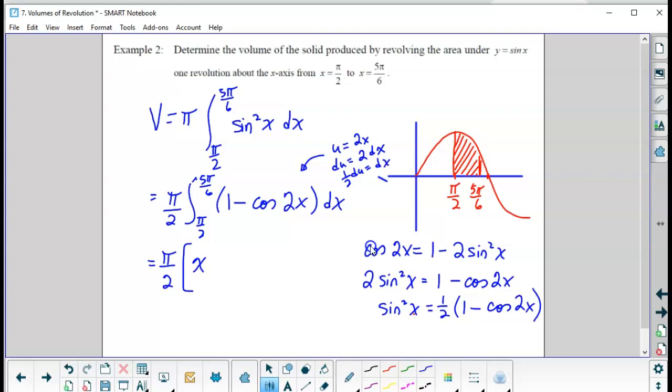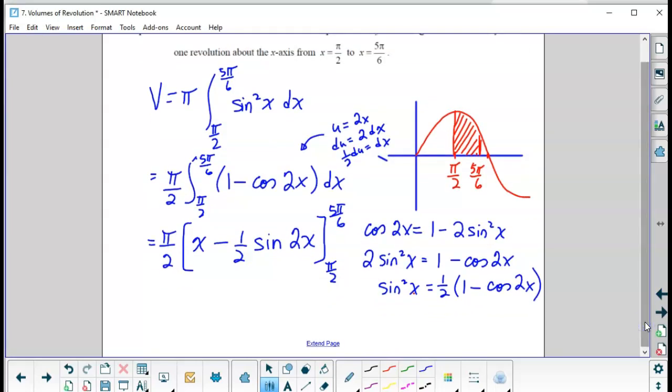So that's really going to be minus, and then cos of u. Well, the integral of cos of u, so remember, derivative of sine is cos, derivative of cos is negative sine, so now this is going to be positive sine. So this is going to stay subtracting, and then it's going to be 1/2 sine of 2x, and this is from pi over 2 to 5 pi over 6.